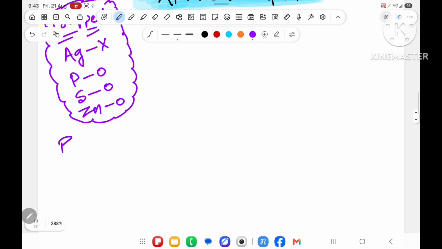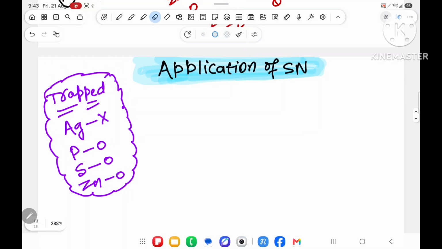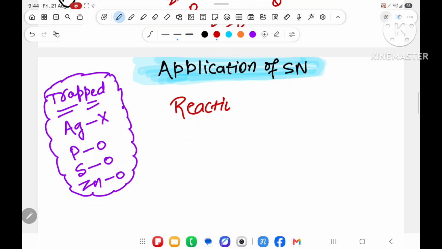Then whenever you are doing the reaction with silver, what will you get? This is not the application. Before writing the application, I am dictating something. Suppose you do the reaction with silver.